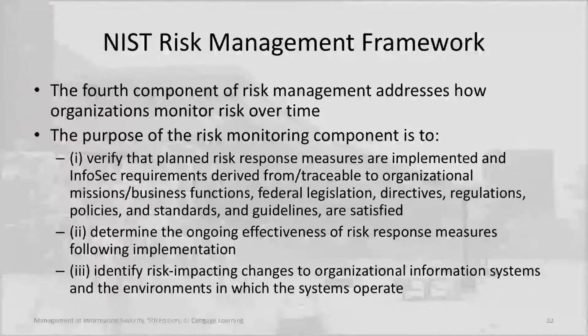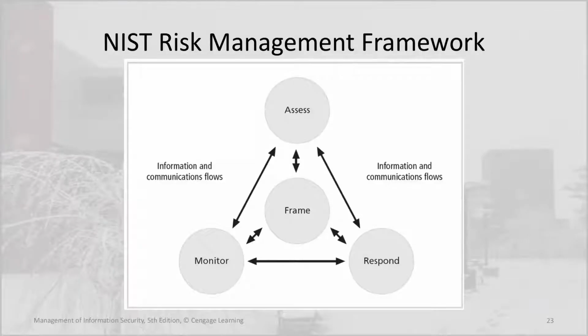Determine the ongoing effectiveness of risk response measures following implementation. And 3. Identify risk-impacting changes to organizational information systems and the environments in which the systems operate. This slide illustrates the relationship between the components of the NIST risk management framework.